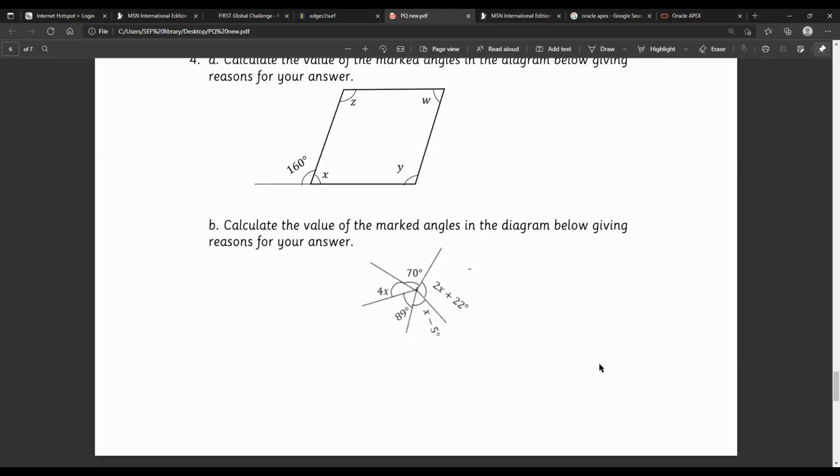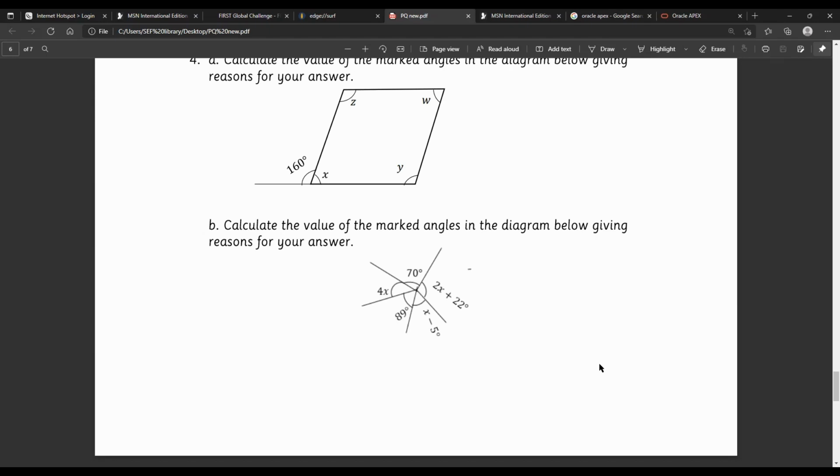Calculate the value of the marked angles in the diagram below, giving reasons for your answer. If we look at the diagram, we have 70, we have 89, we have 4x, we have 2x plus 22, we have x minus 5. Now, if you look at all these angles, they are all meeting at a point.